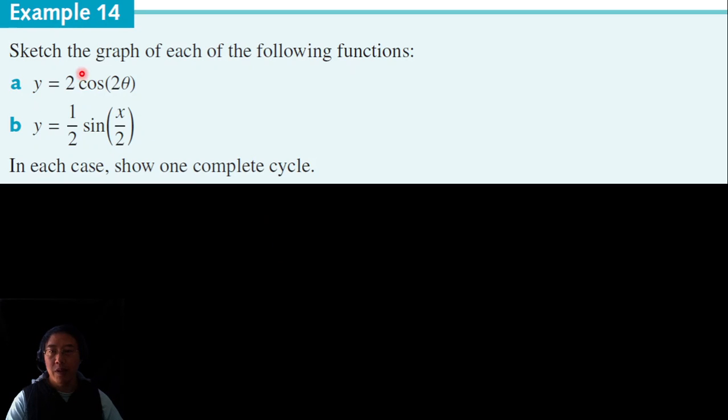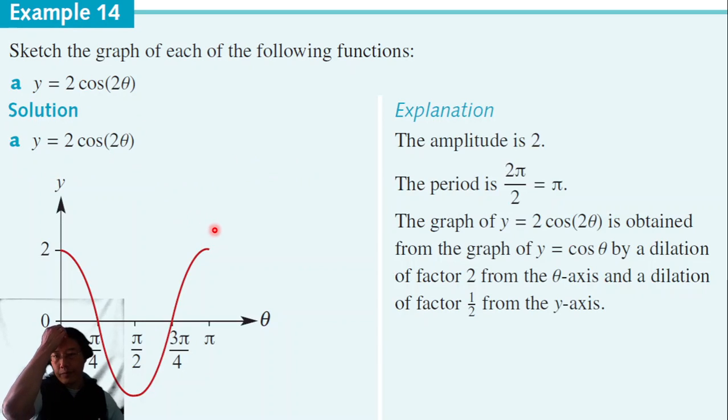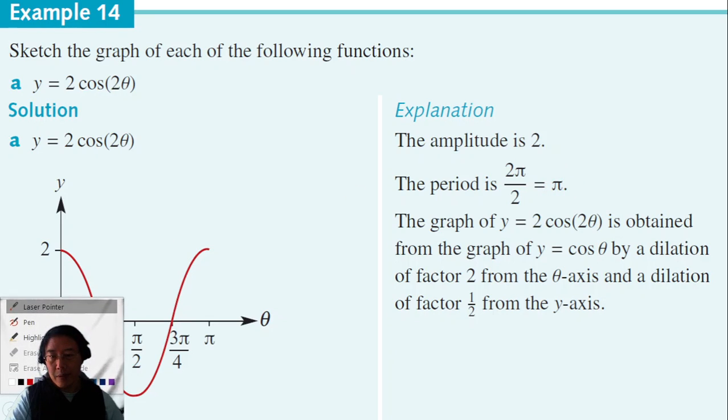So for each one of them, let's start with the first one. The 2 in front is the amplitude. The 2 next to theta, we're going to divide by that amount from 2 pi. So the period is pi. As we have the amplitude tells me the starting point is going to be at 1 times 2.